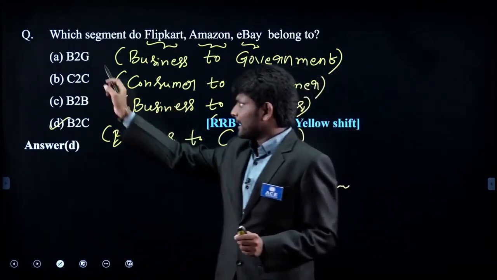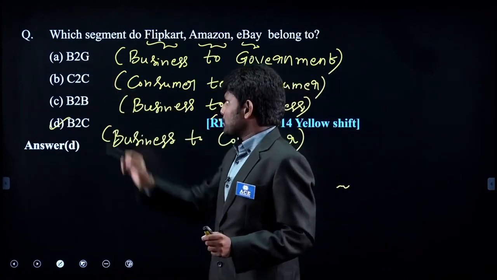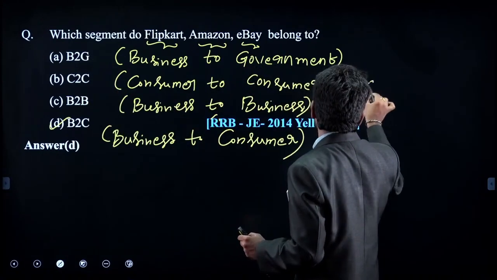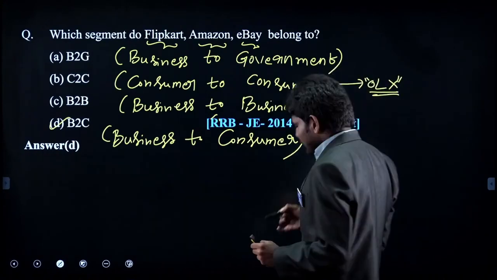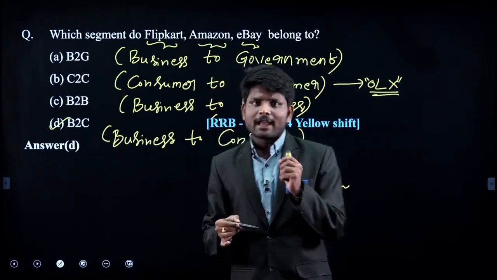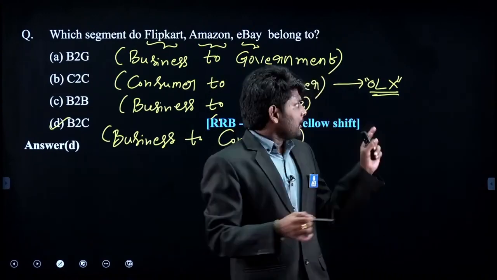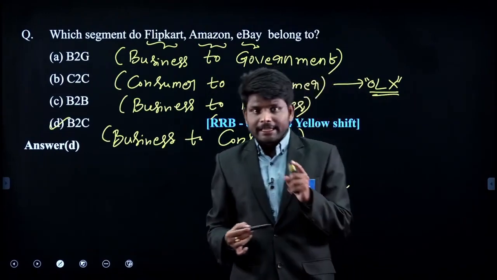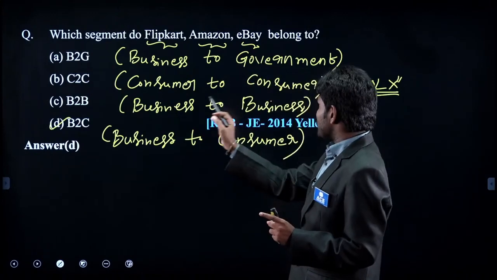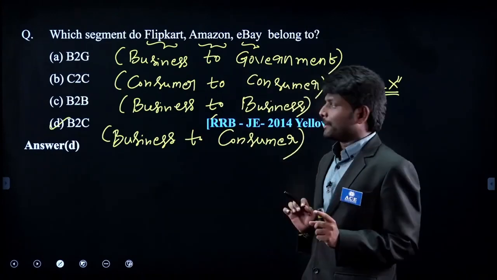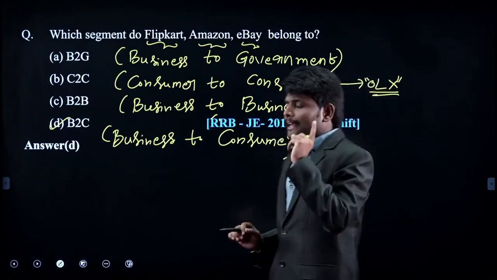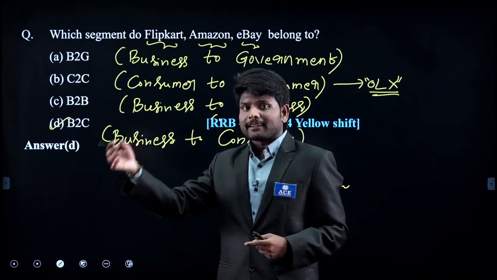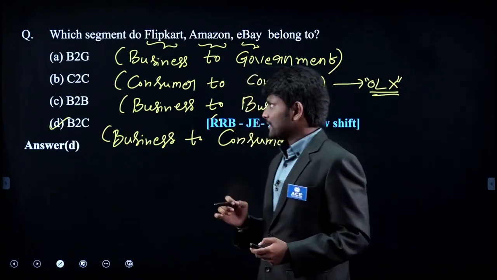If you see business to government or consumer to consumer, here you can take the example of OLX. Here both seller and buyer are consumers only. In any website similar to OLX, both buyers and sellers are consumers. But in the case of Flipkart, buyers are consumers, but sellers are businesses. Fine. Hope this point is clear for you.